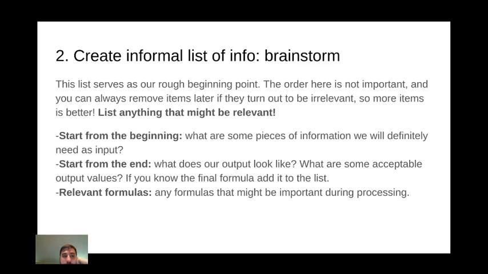Another strategy is to look at the end. Once my program is done running, what is the output going to look like? Should it be positive values? Should it be negative values? Should it be decimal? Should it be strings? If you know any of the actual formulas for calculating things, this is where you could add that in. And also the relevant formulas, right? So we'll go through an example, but this part is really important.